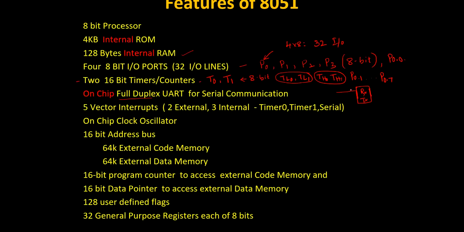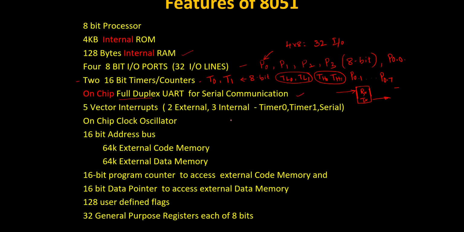It can receive and transmit at the same time. That is what we call full duplex. In half duplex, at one time it is only receiving, and after receiving it can then transmit.